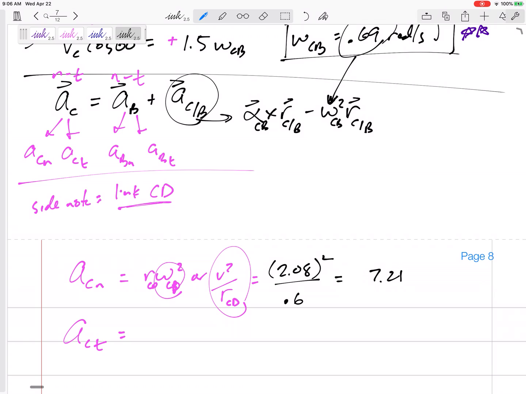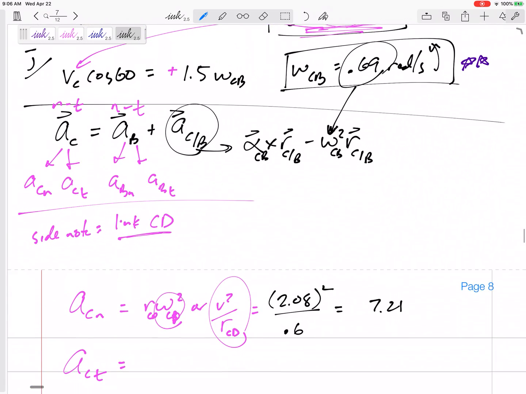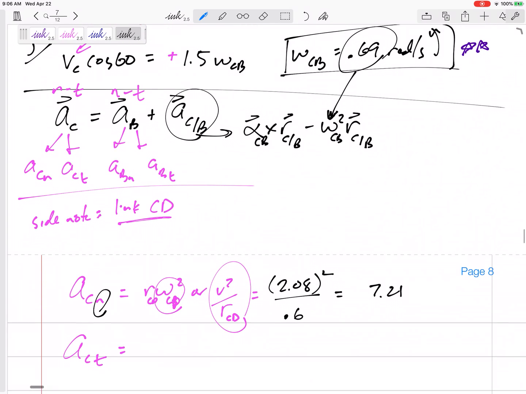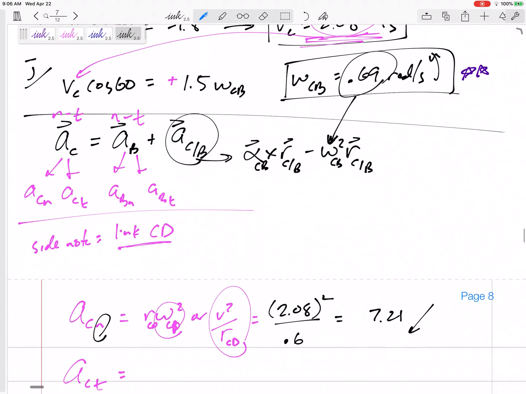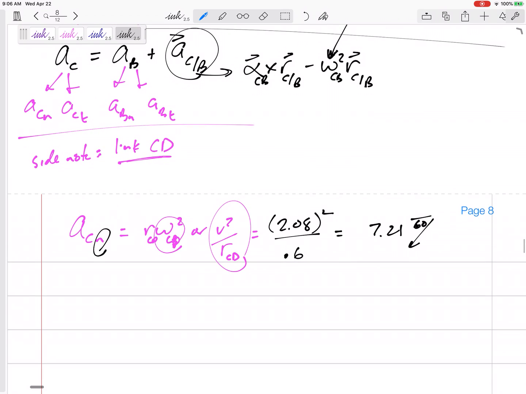But is that in I? Is that in J? Oh, this is going to be tough. Normal is into the curve. This is into that 60 degree angle. Where's my 60 degree angle? 60 degrees would be right here. Let me give myself a little bit more room.